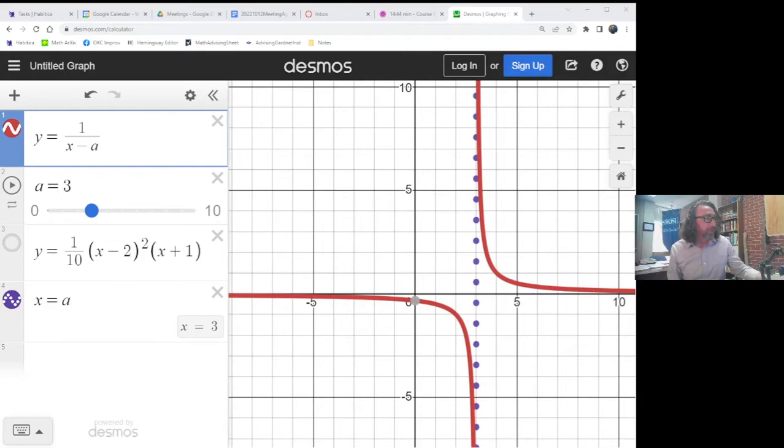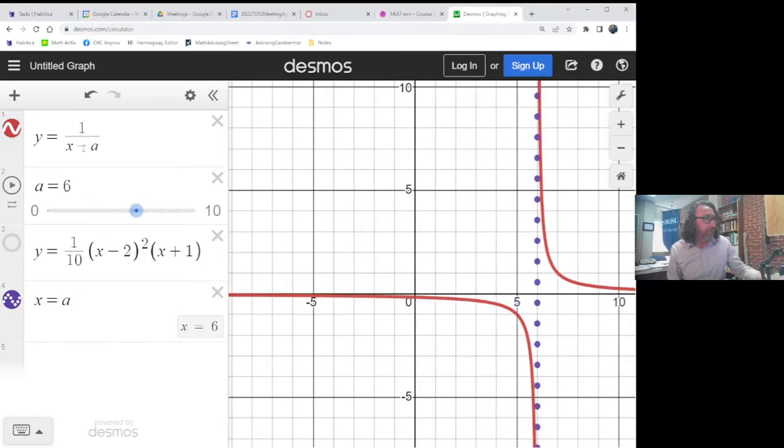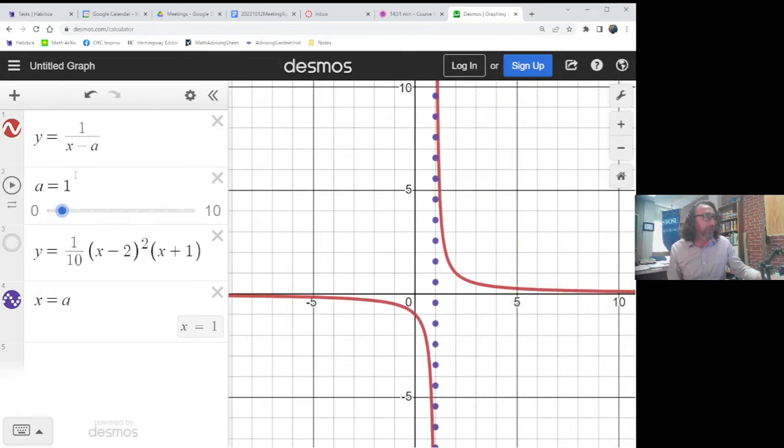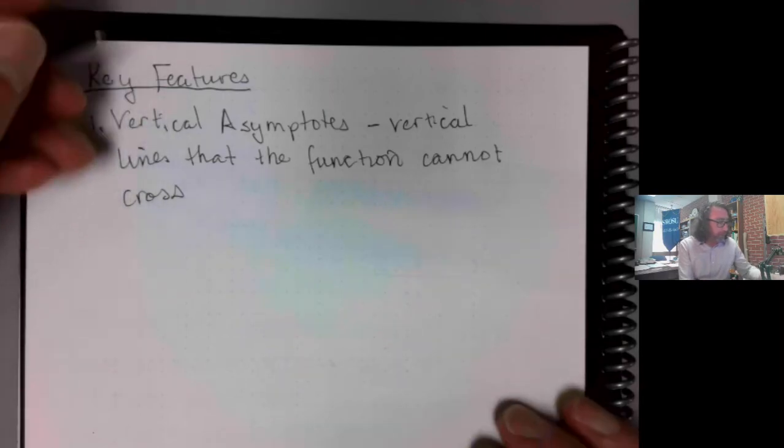Okay. If I change the denominator there, let's make it 1 over x minus 6, this function has a vertical asymptote at x equals 6. This function has a vertical asymptote at x equals 1. Okay? So you can probably make a reasonable guess as to what's going on.